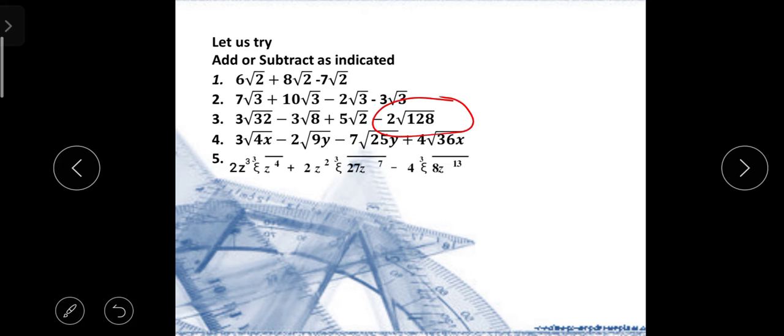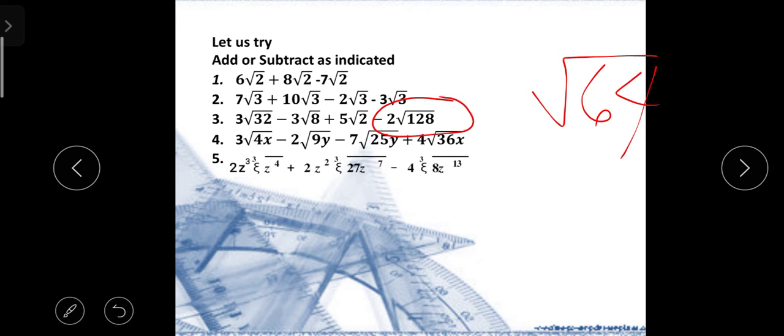Yung next term is 128. Ang factor niya is 64 times 2. So, yung 64 ay perfect square, 8 times 8, 64. So, ilalabas natin yung 8.